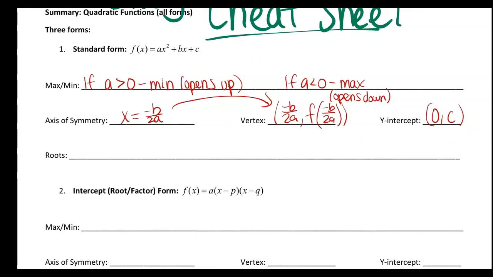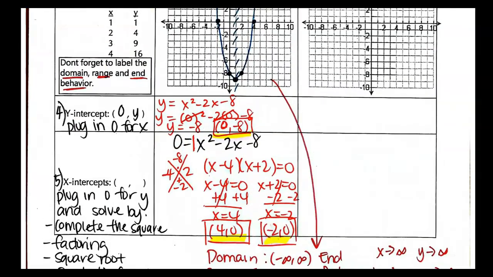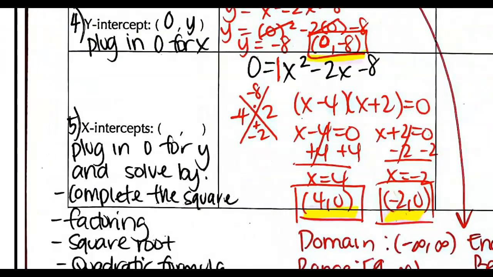Last question. Tristan, how do I find the roots for a standard form equation? I'll give you a hint. Look back at your notes from last class. How do you find the x-intercepts? Okay, but how do you know what to factor?